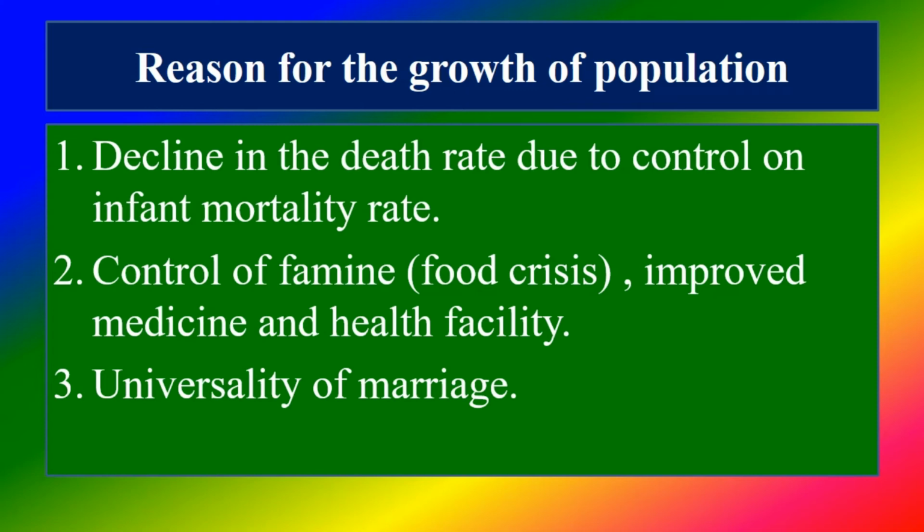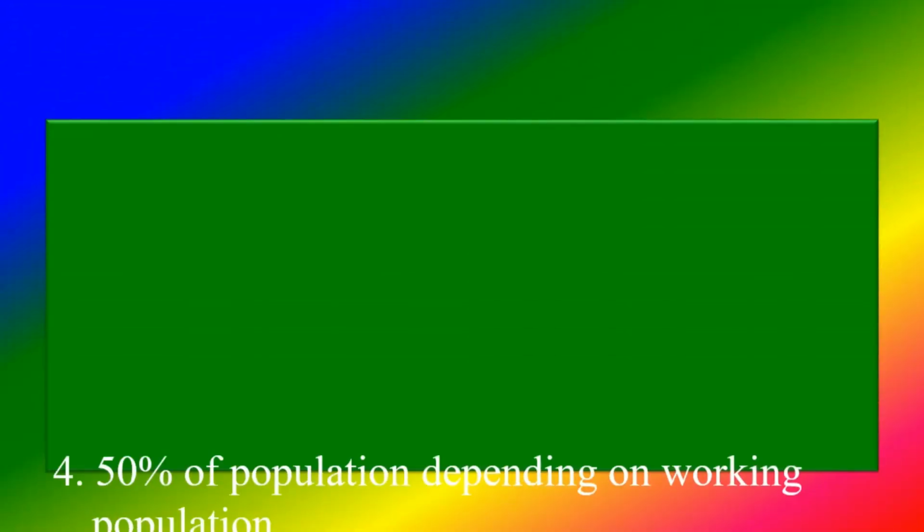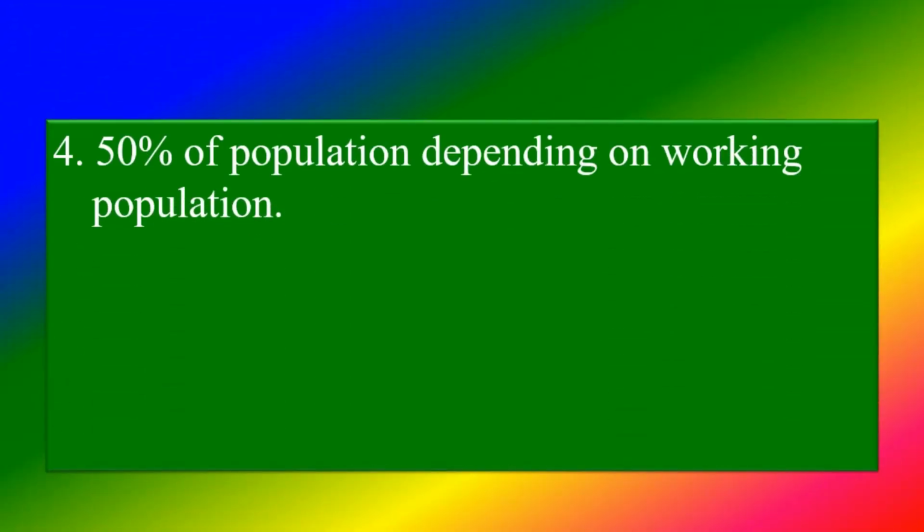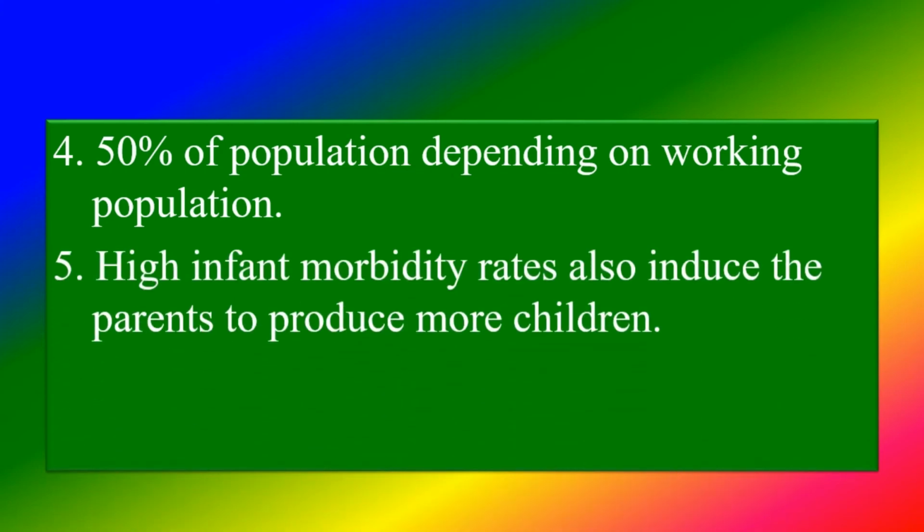3. Universality of marriage. 4. 50% of population depending on working population. 5. High infant mortality rate also induces the parents to produce more children.